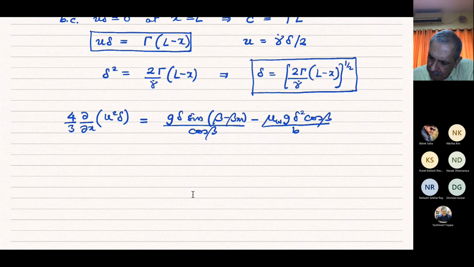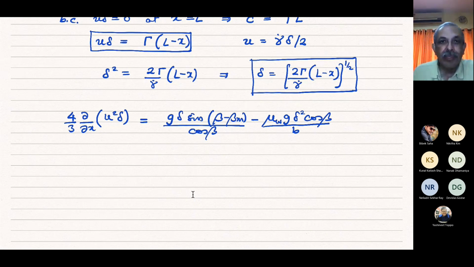And again, this is an easy equation to integrate because you know delta as a function of x, and if we neglect how beta varies with x, then this equation can be easily integrated.